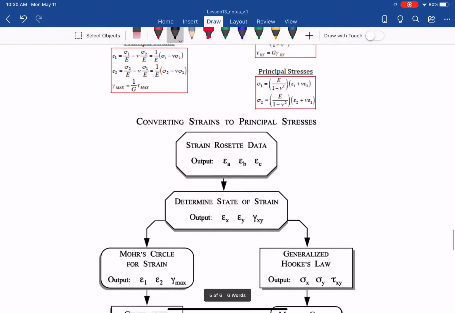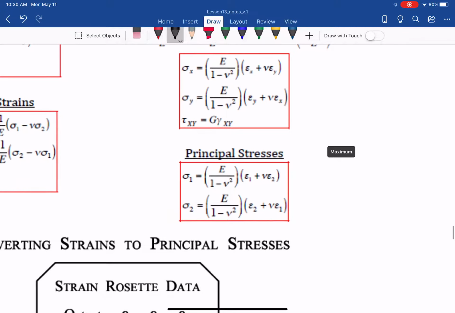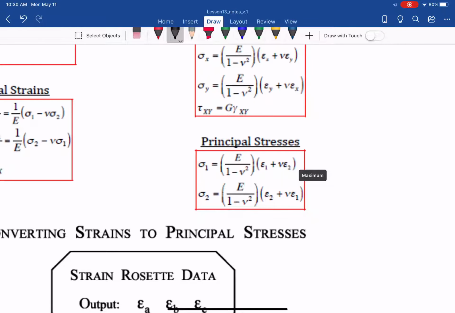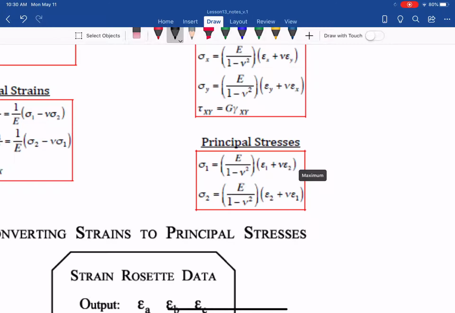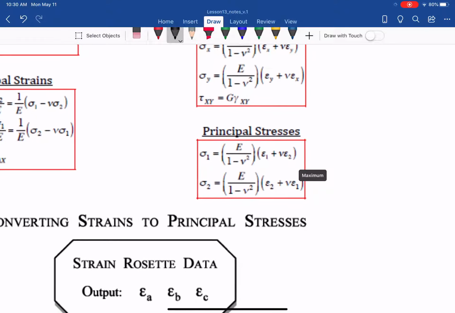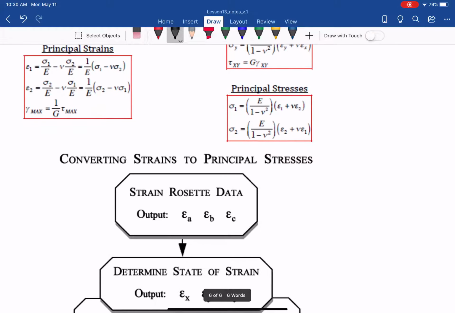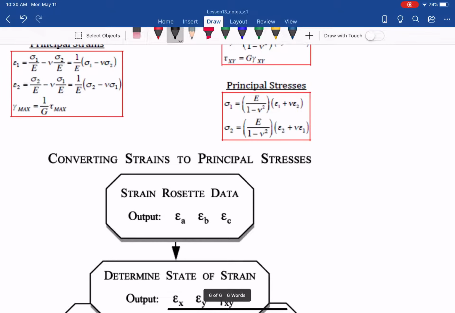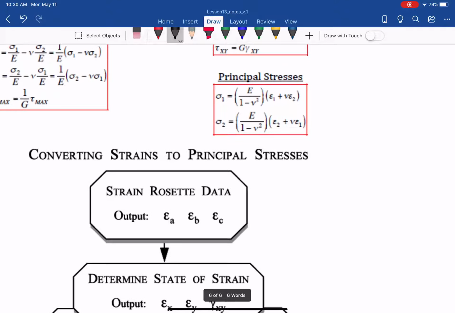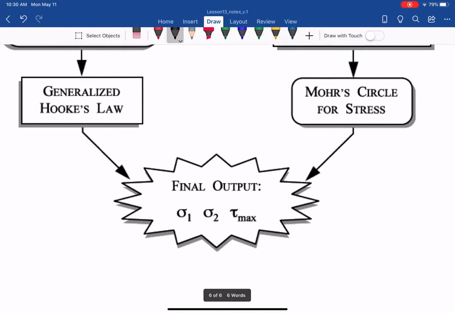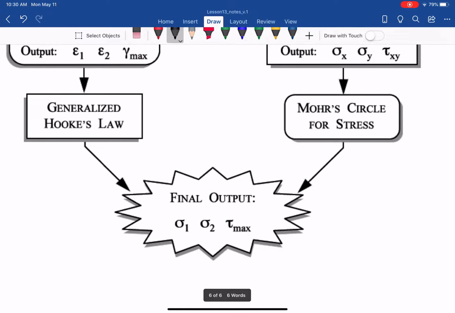You will use these two equations for principal stresses, sigma 1 equal to E over 1 minus nu squared, times epsilon 1 plus nu epsilon 2, and we also have the epsilon 2 equation there, and you can see it is symmetrical, so you just flip 1 and 2 in the next equation. You get sigma 2, and that gives us the final output, sigma 1, sigma 2, and tau max.